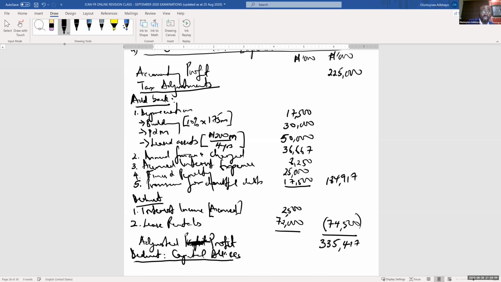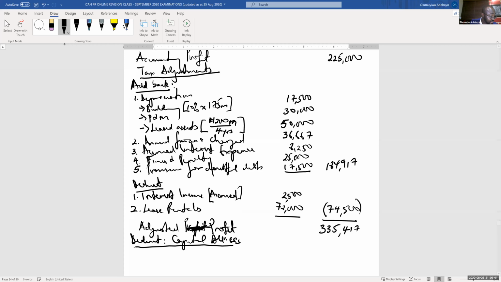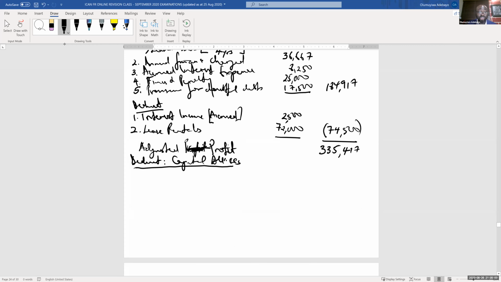Now, I have two items on which I'll deduct capital allowance. The first one is the building. Remember, we disallowed the depreciation for building. We'll now take, as a surrogate, the capital allowance. The information about the capital allowance for building was 105,000.